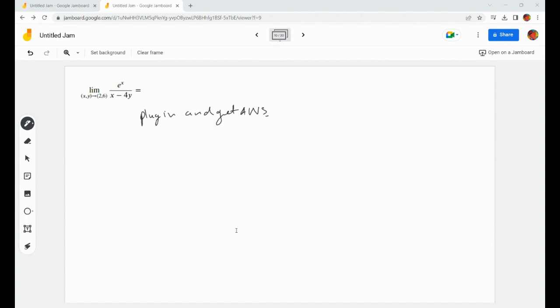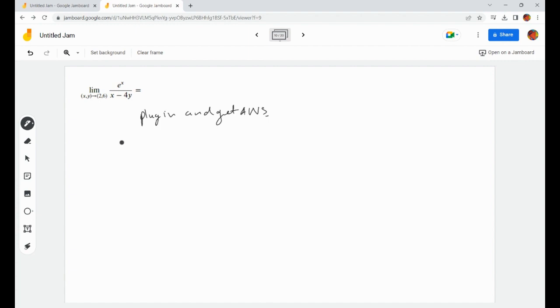Note that x minus 4y is continuous everywhere, and that the value at (2, 6) does not equal 0. Get it? So the first method we don't need.